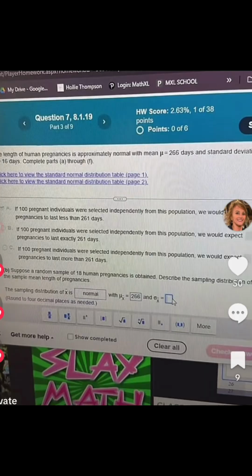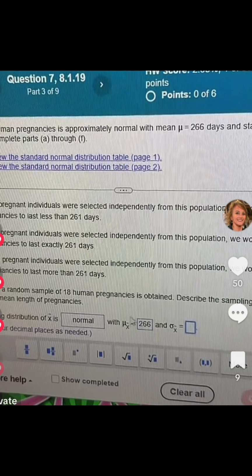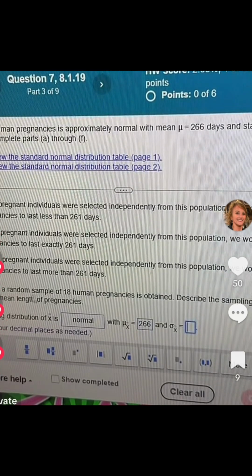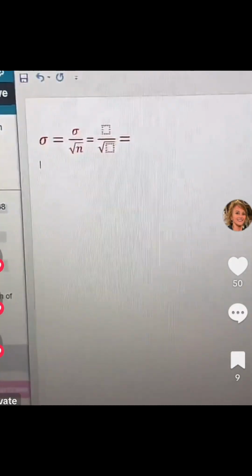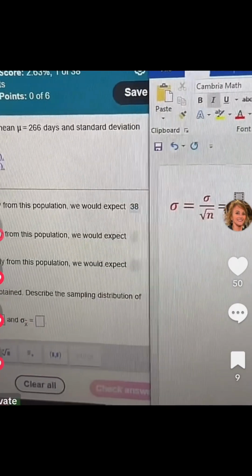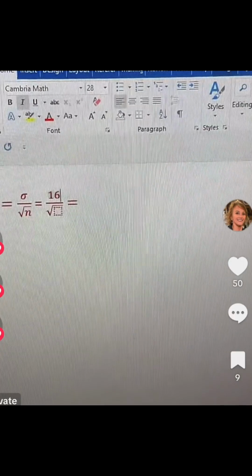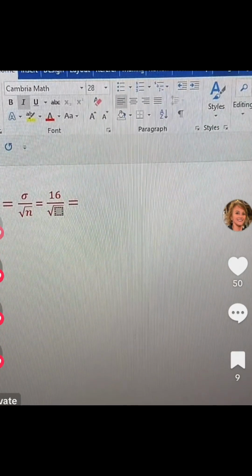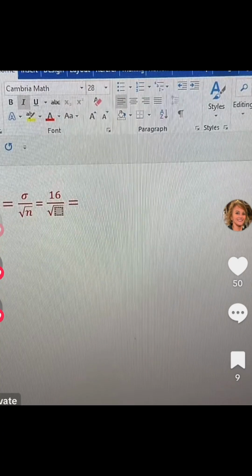It gives us a new sample size of 18 human pregnancies. So to get our new standard deviation, I put it over here in the Word document so we can make it easy. We do the standard deviation from the original problem, which was 16, divided by the square root of our new n, which is 18.